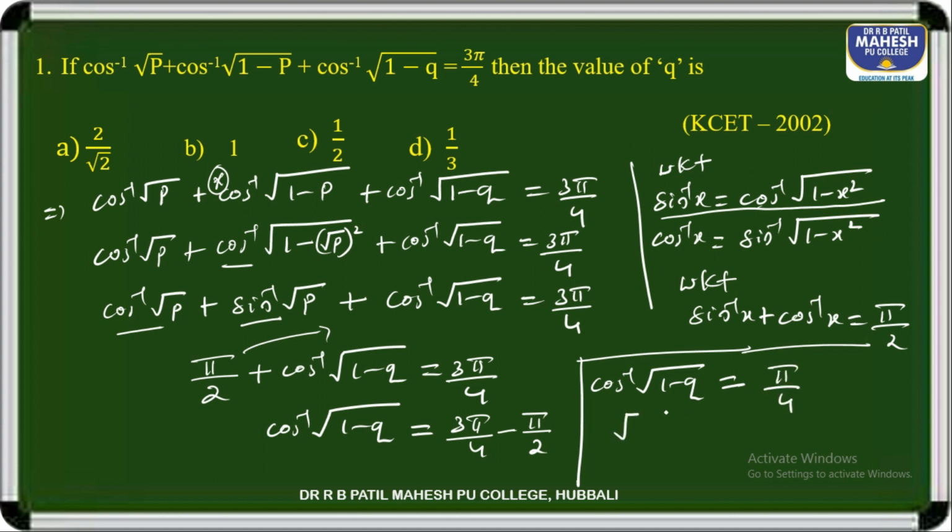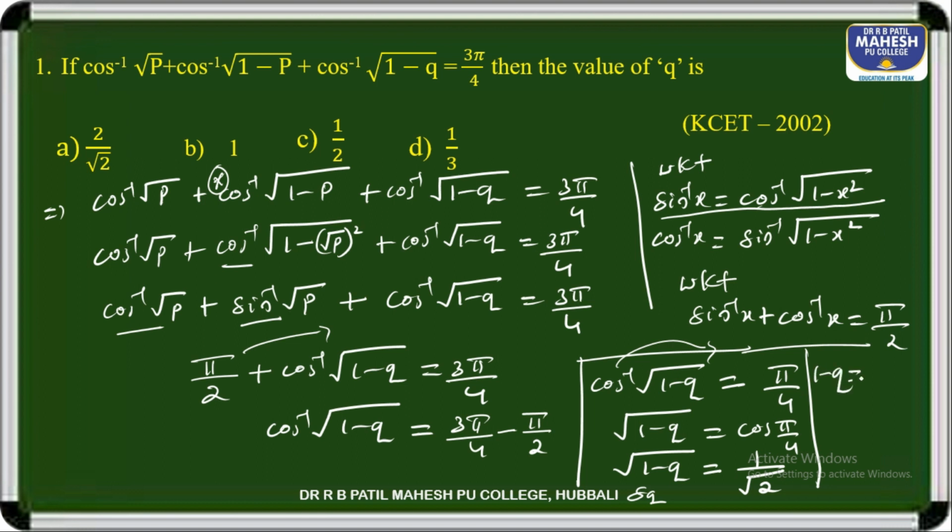And root of 1 minus q is equal to cos pi by 4, taking cos inverse to the right hand side. So root of 1 minus q is equal to cos pi by 4, whose value you know is 1 by root 2. Now the last step, squaring on both sides, so 1 minus q is equal to 1 by 2.